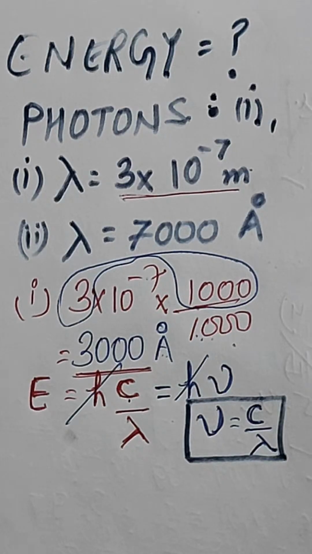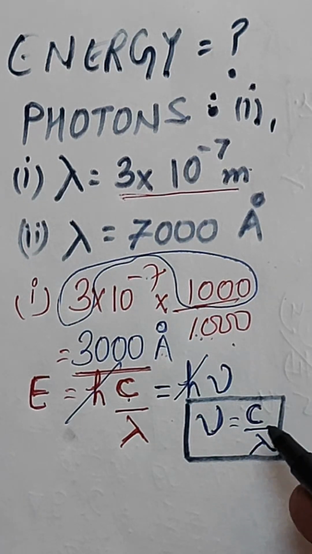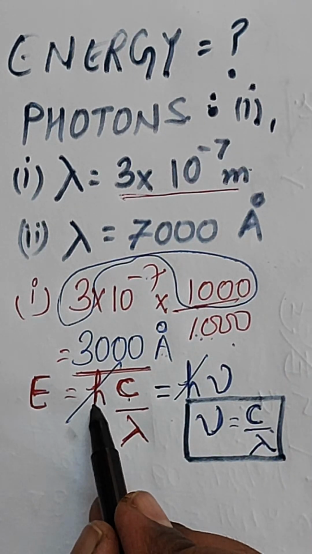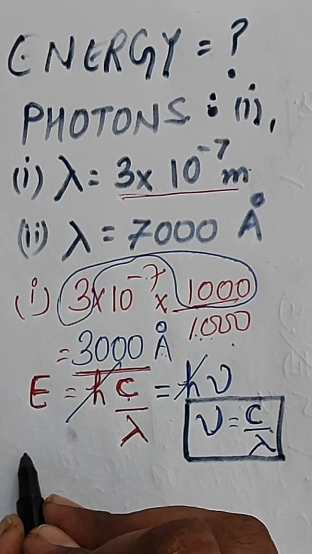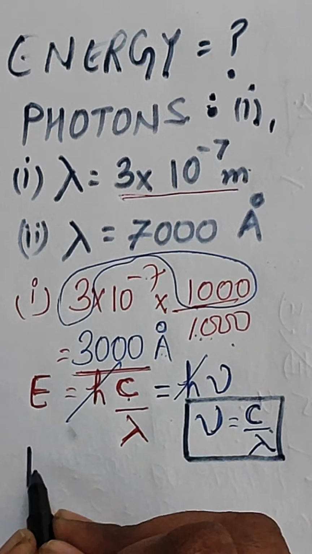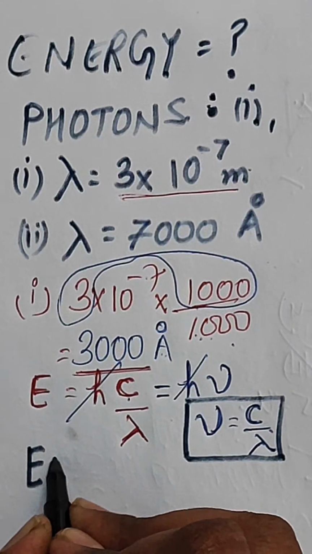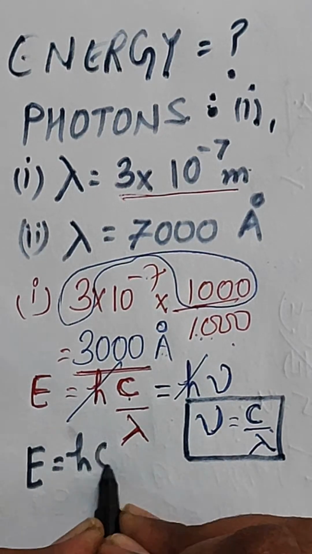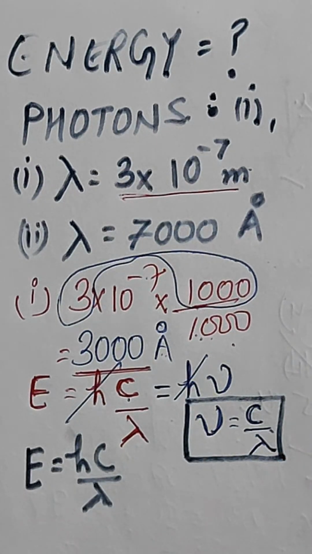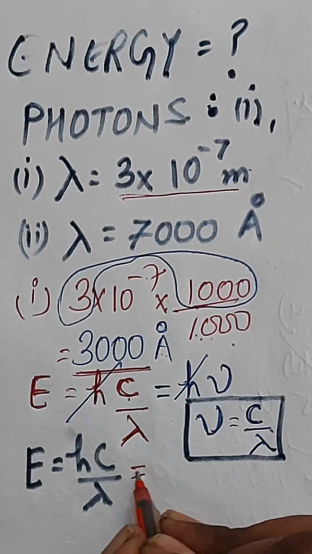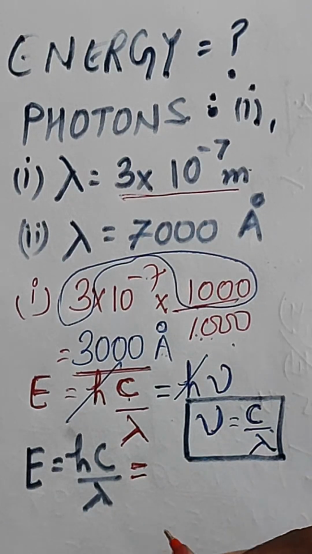When you calculate the frequency, c by lambda, this is multiplied with Planck's constant h, and you will get the value of E. So just using the direct formula, E is equal to hc by lambda, which will give you the value. Put in the value of h.